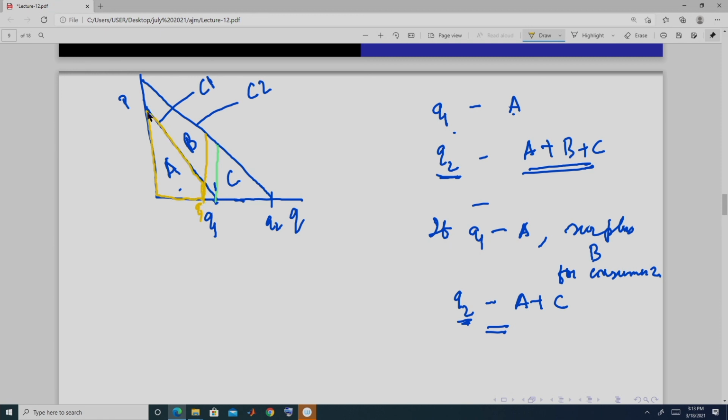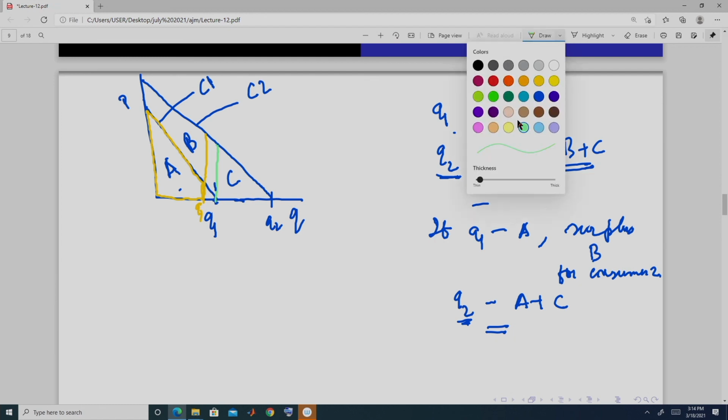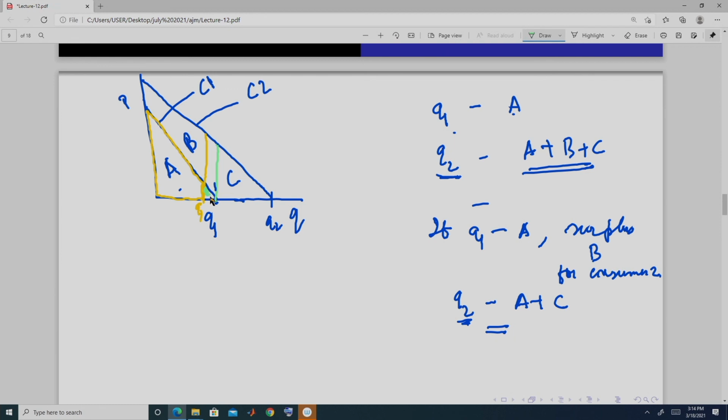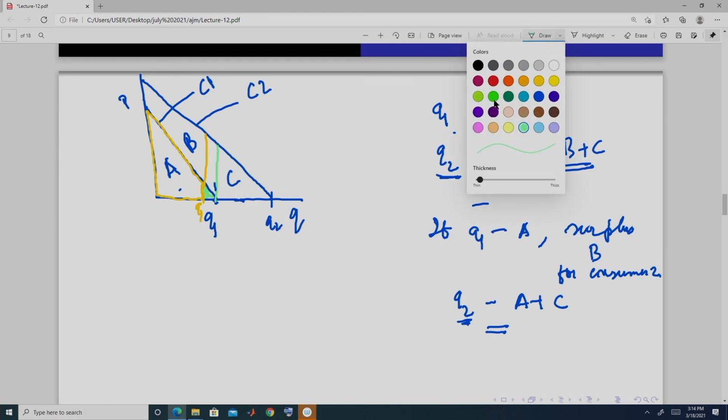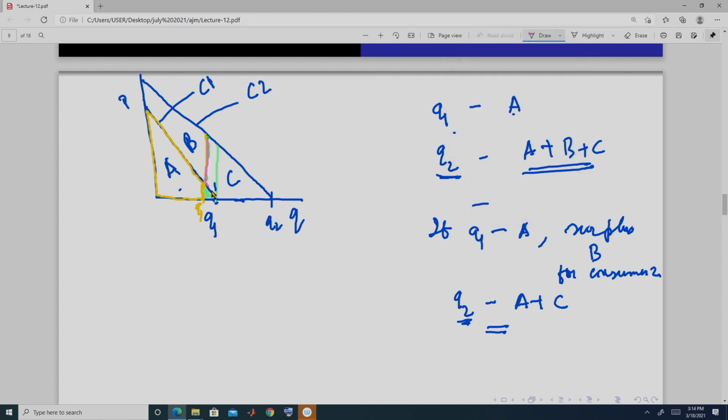So, what am I losing? I am losing this small triangle. And what I can charge consumer of type 2, now I can charge them this additional amount, this whole amount.